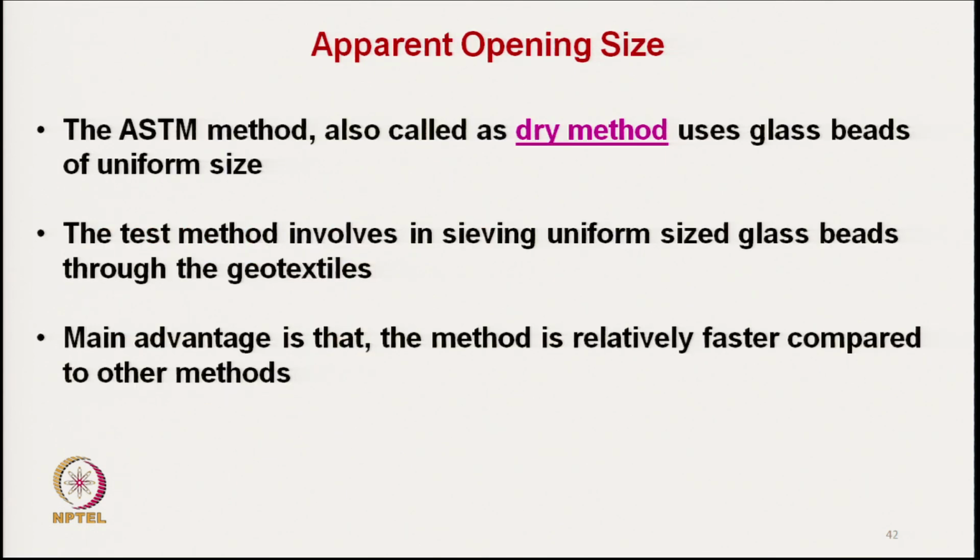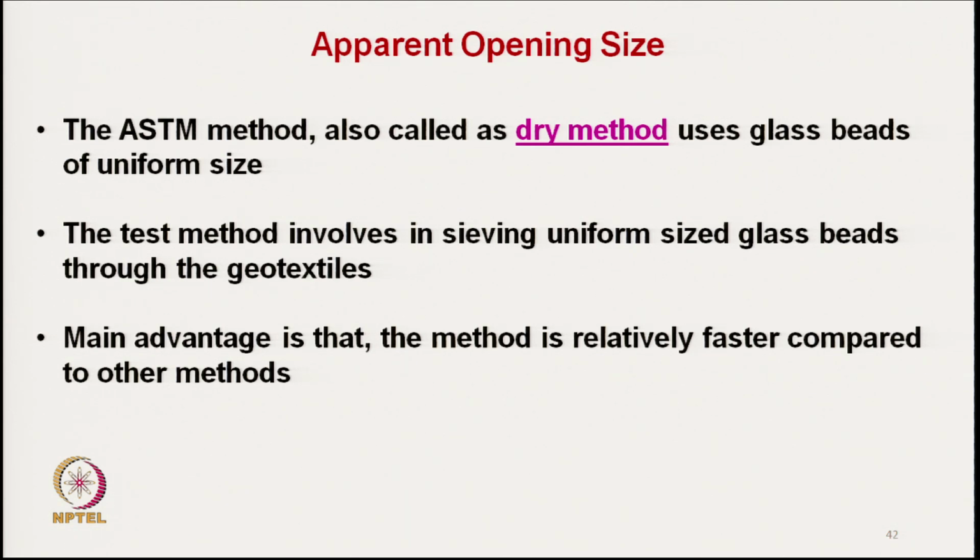The apparent opening size is measured by dry sieving method, the ASTM method also called dry method, where glass beads of uniform size are used. So, here the glass beads are sieved through the geotextiles and basically it is a faster method.